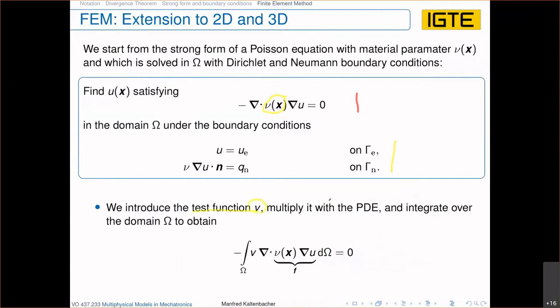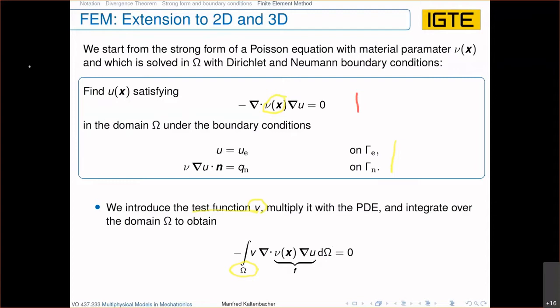We multiply the partial differential equation by this test function, and we integrate over the whole computational domain. As you can see, nothing else has been changed. It is the multiplication of our scalar partial differential equation with a scalar test function, and we integrate over the whole computational domain.